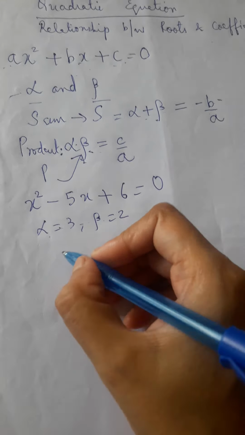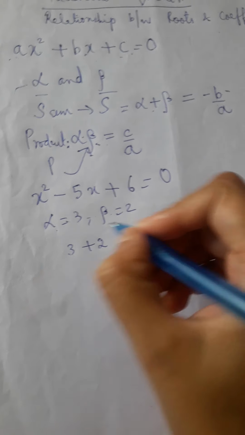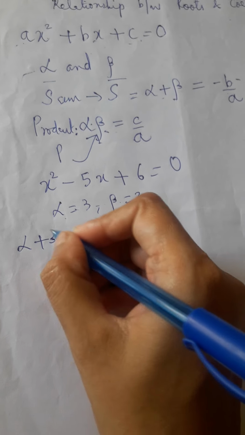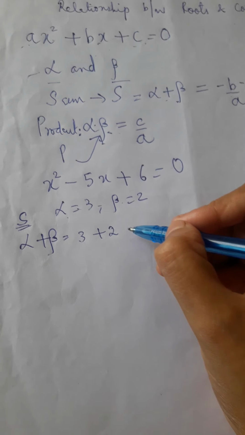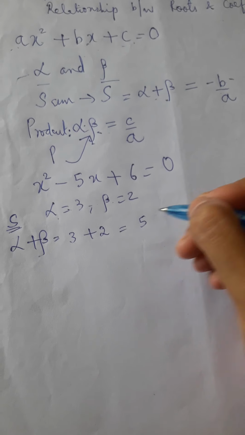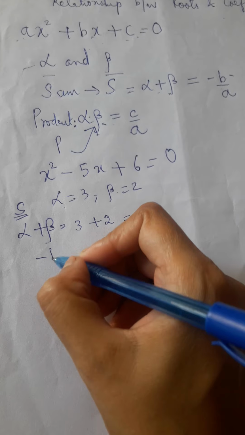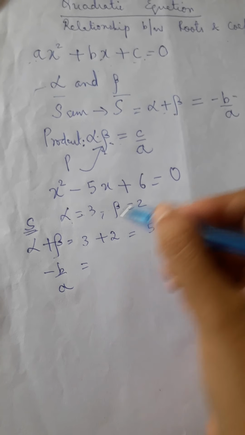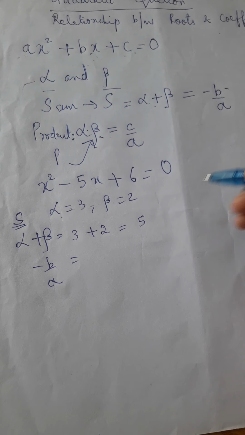Now here. So what's 3 plus 2? 3 plus 2 is my alpha plus beta, right? It's the sum. Sum of the roots is alpha plus beta, which is 3 plus 2, which is 5. Alright. And let me look at what is minus b by a. What's my b? When I compare it with the standard form, my b is minus 5.